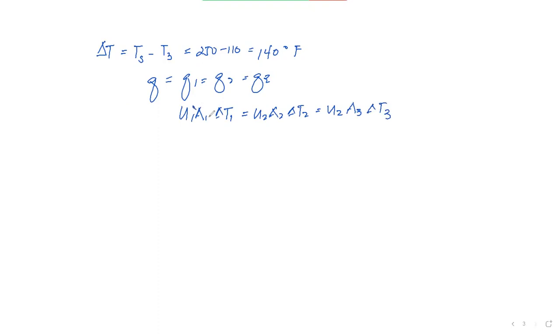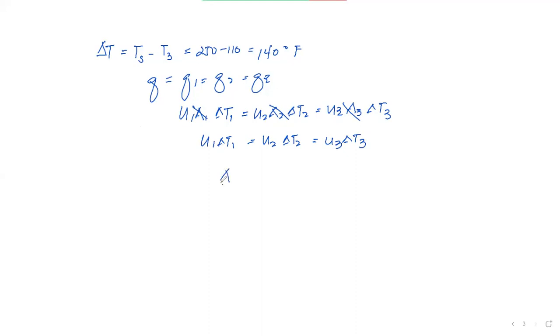All the areas have to be equal since we design our effects to be identical in terms of size. So it follows that you will have U1 delta T1, U2 delta T2, equal to U3 delta T3.